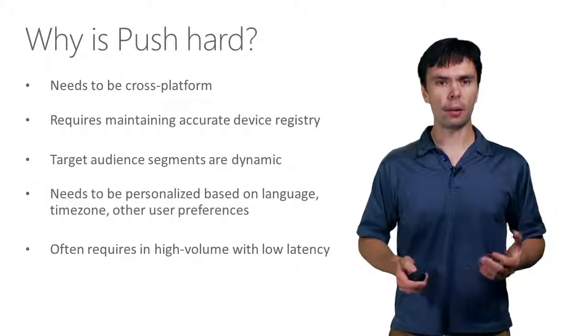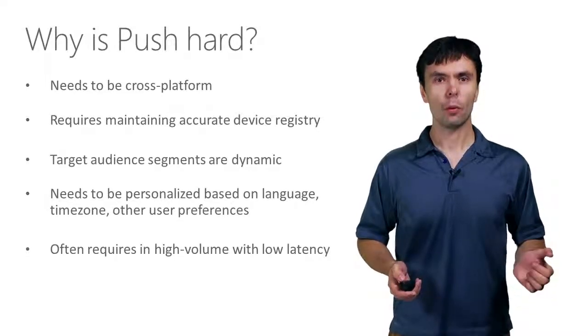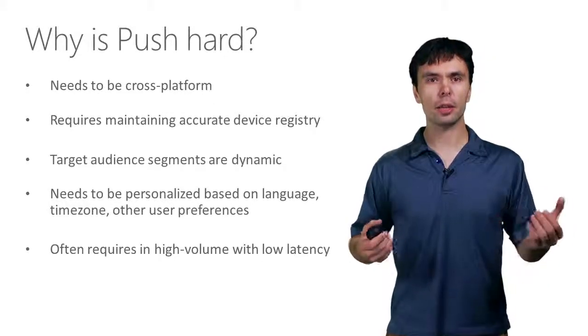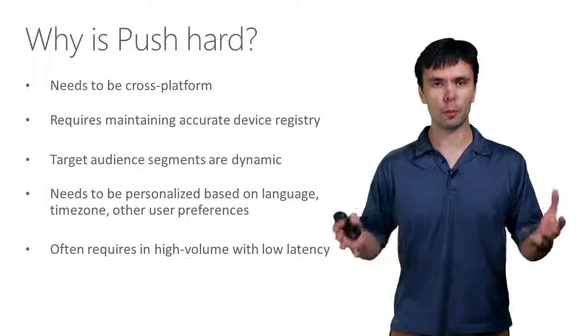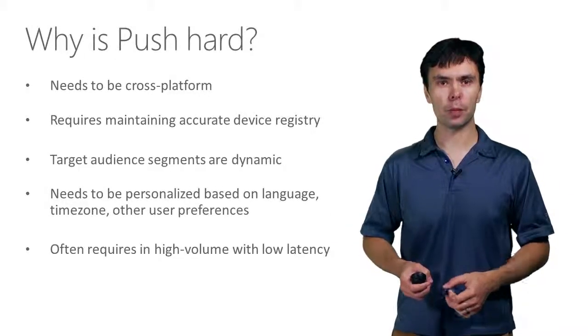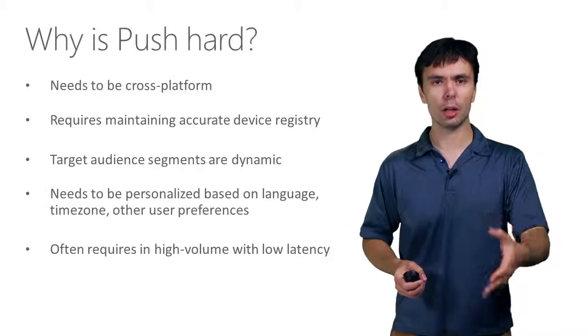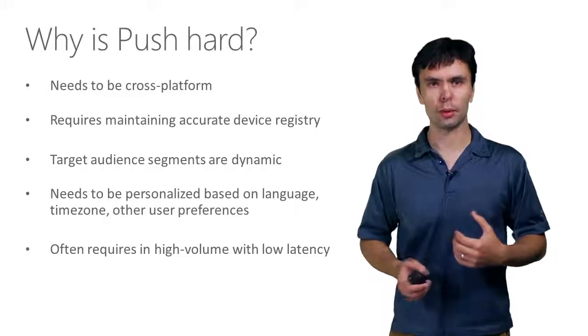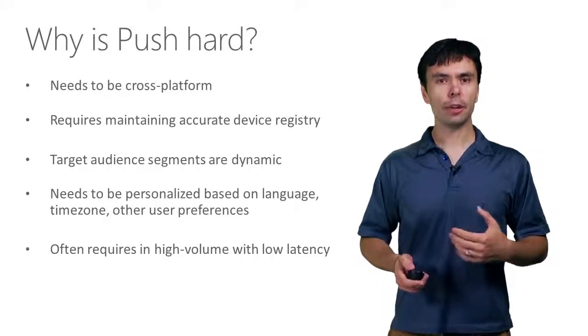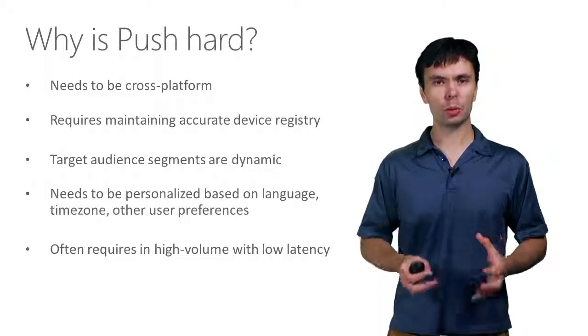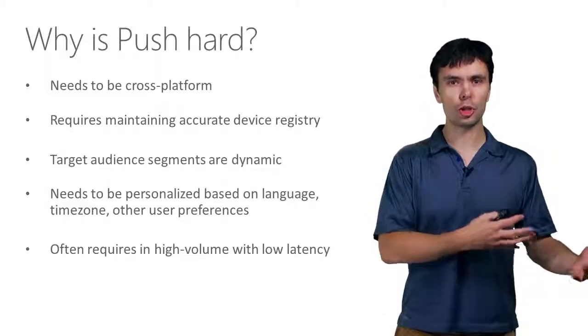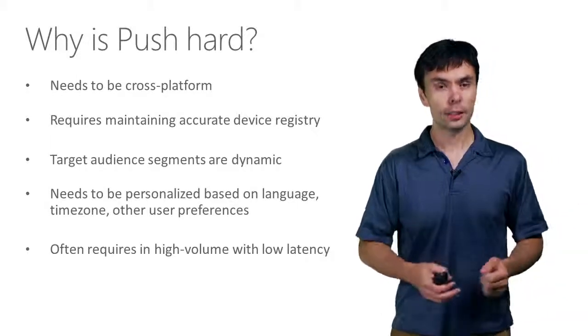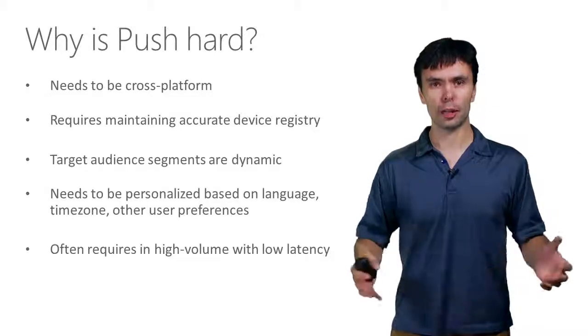So what is so hard about push notifications? Well, you need to build a cross-platform capability because your app will be in the Apple, Android, and Windows stores. You need to maintain an accurate device registry and mapping between those device handles and logical users and groups. It can be pretty large depending on the scale of your app.